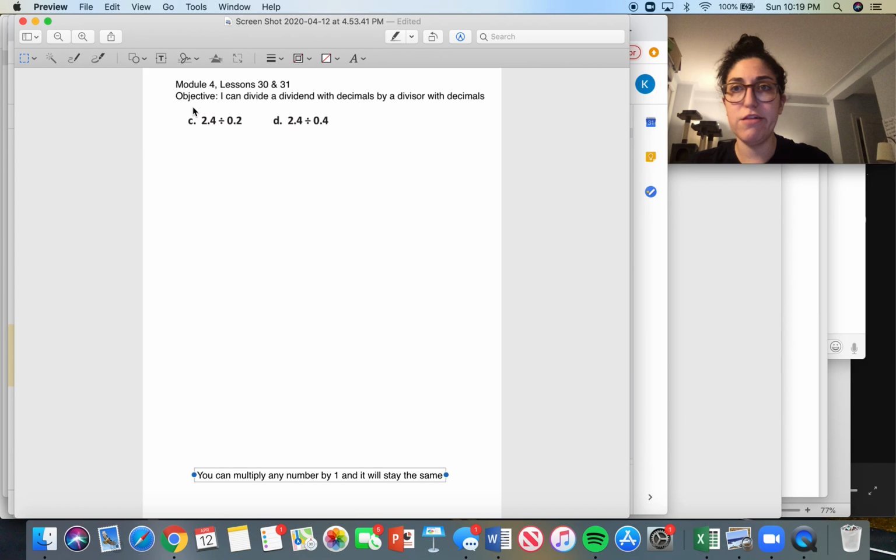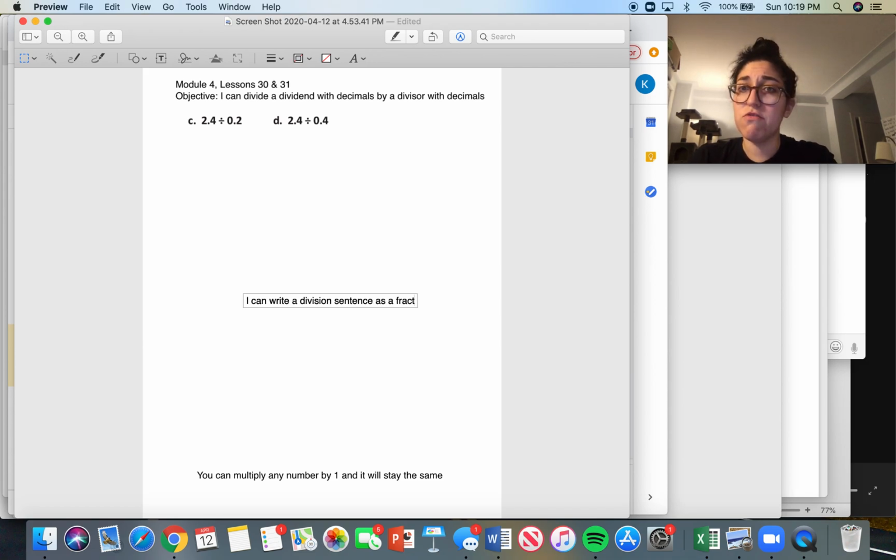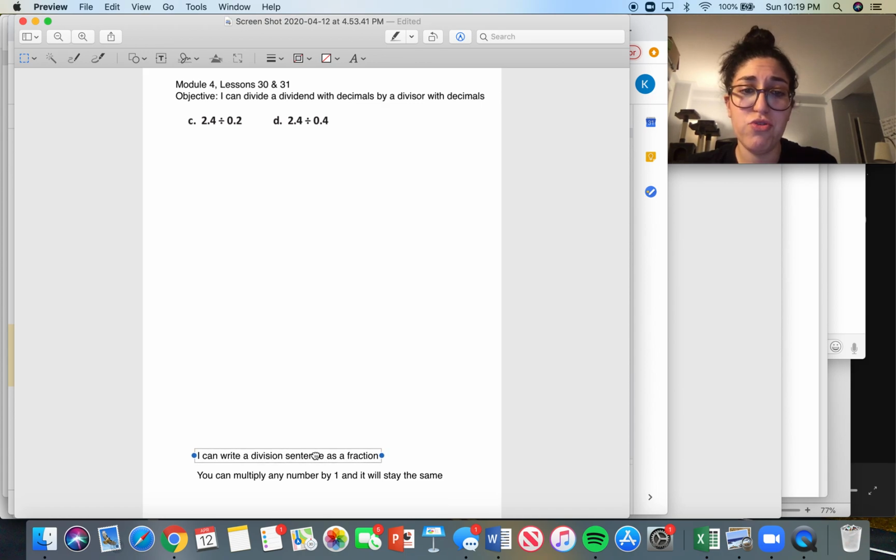If I multiply an elephant by 1, it's still 1 elephant, right? If I multiply 2/3 times 1, it's still 2/3. The second thing I need to remember is that I can write a division sentence as a fraction, because remember, a fraction is just another way of showing division. So these are two things I really want to keep in mind as I'm doing this, and I'm going to explain why in a moment.